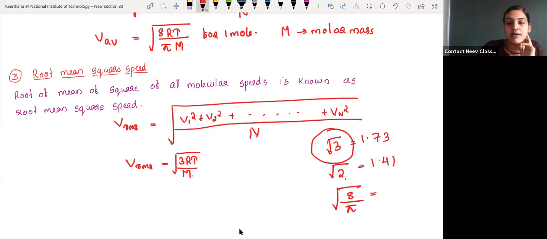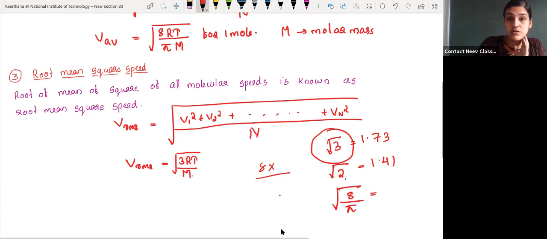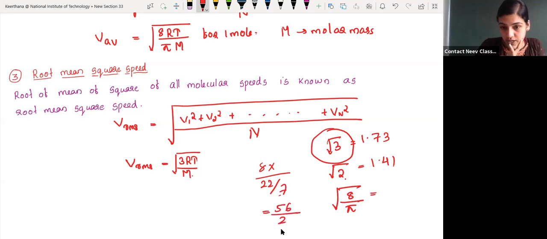For 8 by pi, taking pi as 22 by 7, it will be 56 by 22, which is 2 point something, so the root of 2 point something is more than the most probable speed.